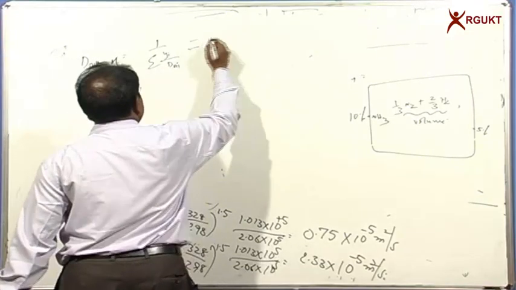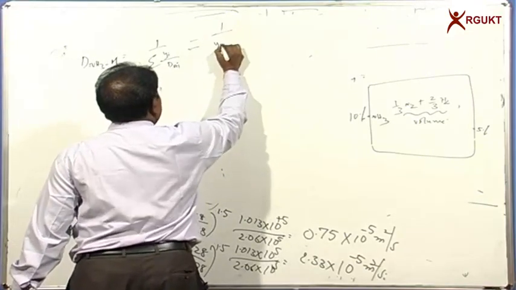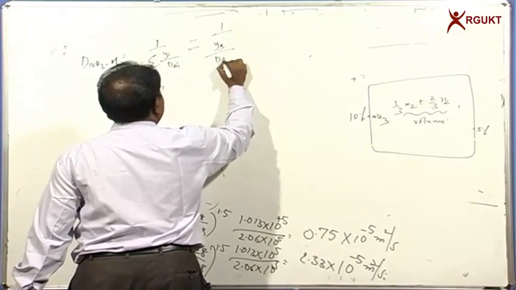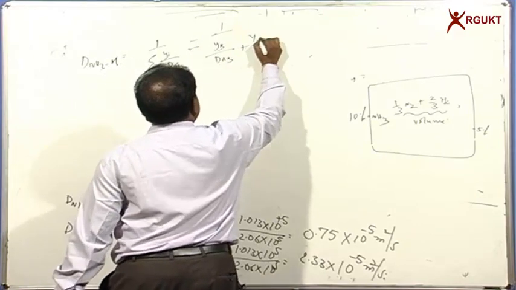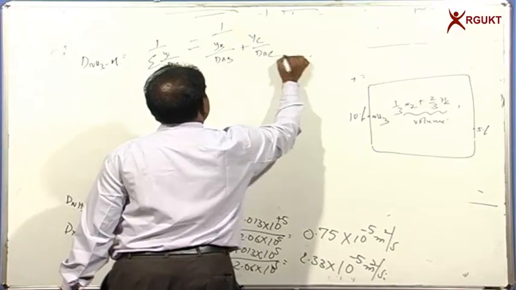So that is nothing but y_B by D_AB plus y_C by D_AC.